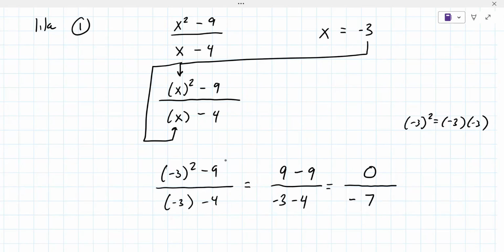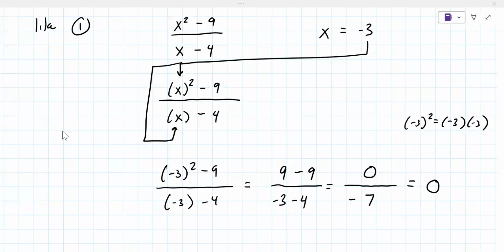Now, 0 divided by any number except 0 is 0. What that means is, I've got nothing to share, 7 people to share with, they're not getting anything.